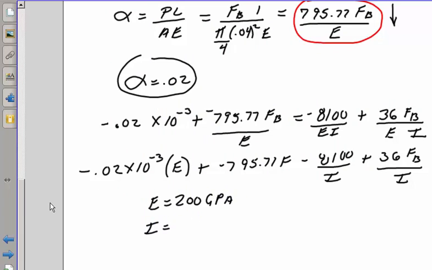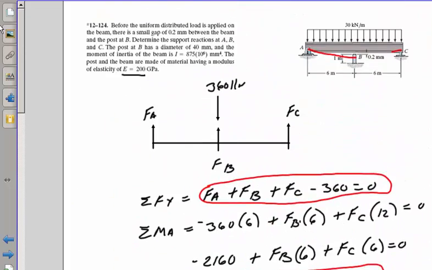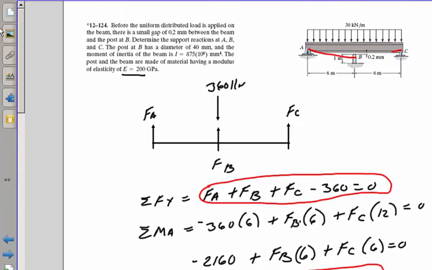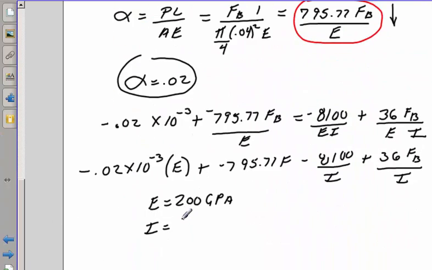The I value is listed as 875 times 10 to the 6 millimeters to the fourth. So we'll make that times 10 to the minus 6. We'll do the 200. That's going to be in gigapascals, so it means 10 to the 9th.